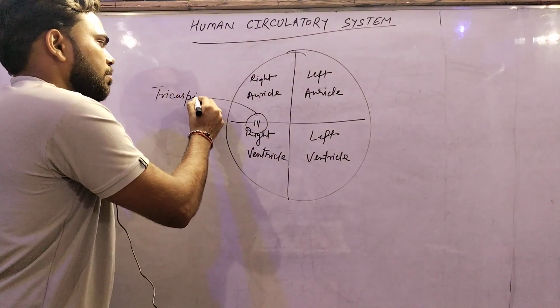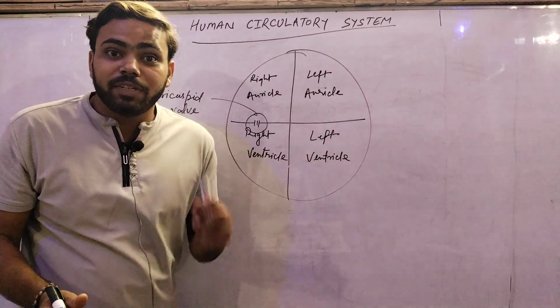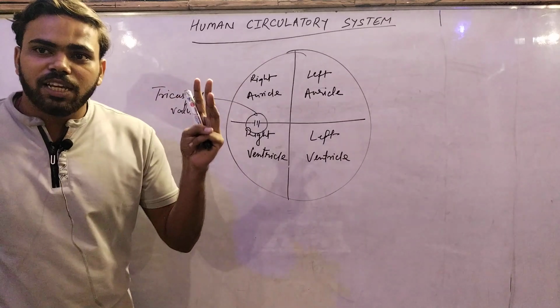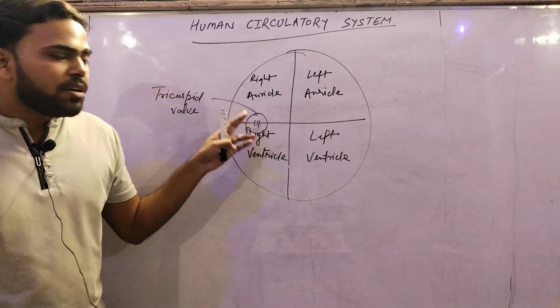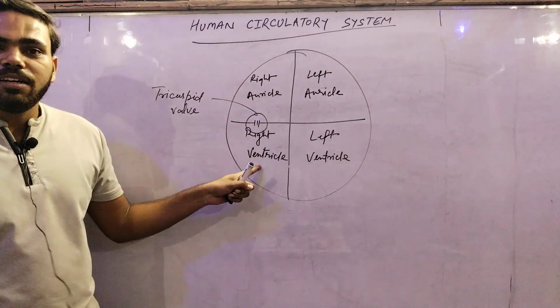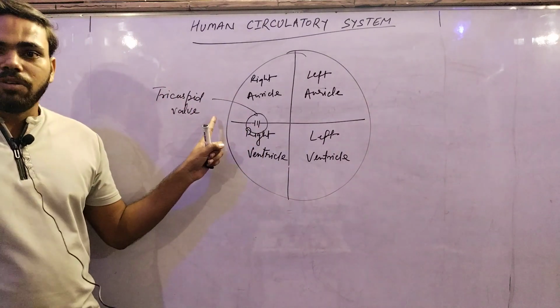The meaning of tricuspid valve is hidden in this word tricuspid. Tri means 3, cuspid means gated. So 3 gated chamber valve is present in between the right auricle and the right ventricle. So we call these valves a tricuspid valve.